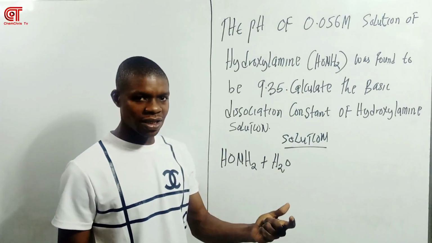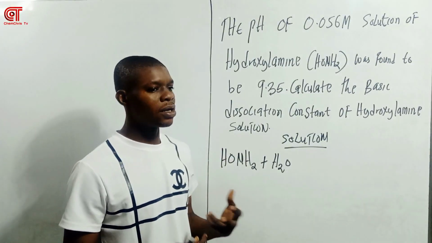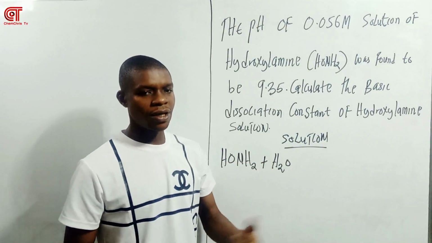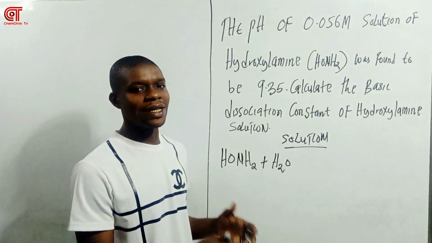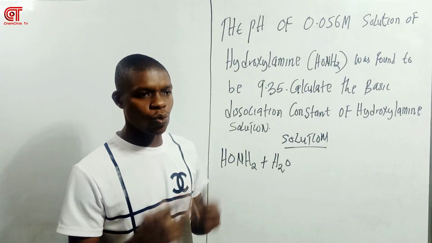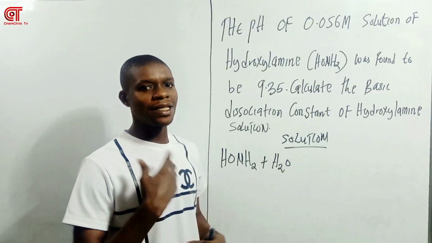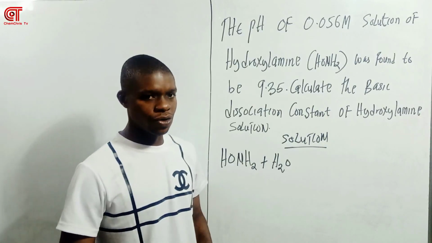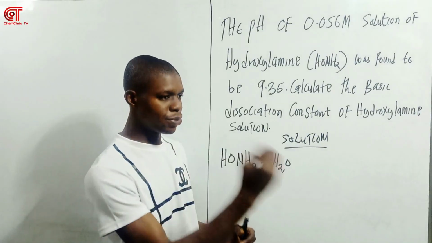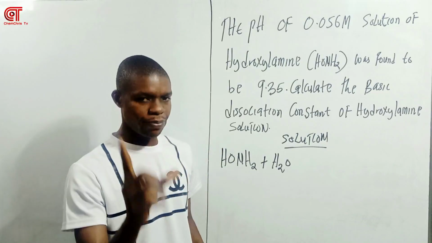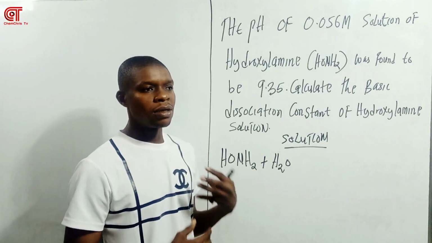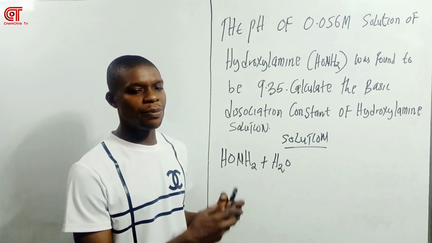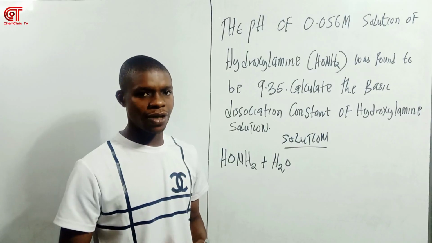Water can act as an acid or as a base, depending on what it is reacting with. When water reacts with an acid, it behaves like a base. If water reacts with a base, it behaves like an acid. According to the Bronsted-Lowry concept, an acid gives out a proton, while a base accepts a proton. Whenever an acid gives out a proton, it forms a conjugate base, and whenever a base accepts a proton, it forms a conjugate acid.